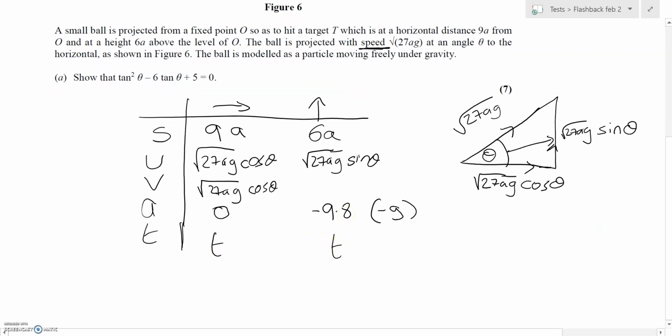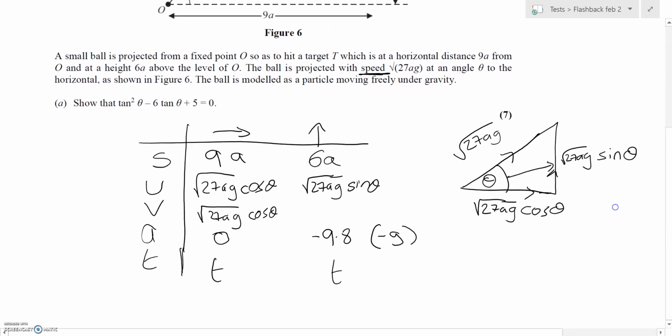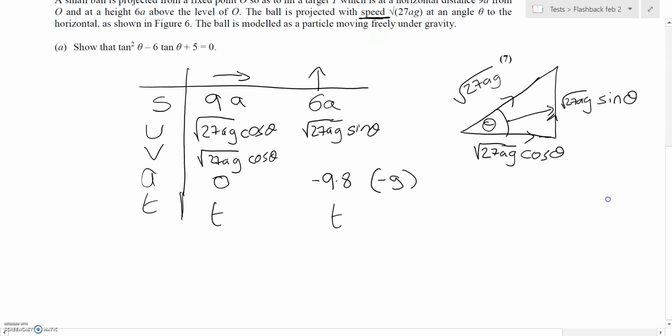Now looking at the question, it says show that tan squared theta minus 6 tan theta plus 5 is equal to 0. You can't tell exactly which equation to use, but I'm going to go with s equals ut plus half at squared. Mainly because this way, in the horizontal direction, because there is no acceleration, I can just go with s equals ut. This would allow me to find t and sub it in to my vertical direction when I get there.